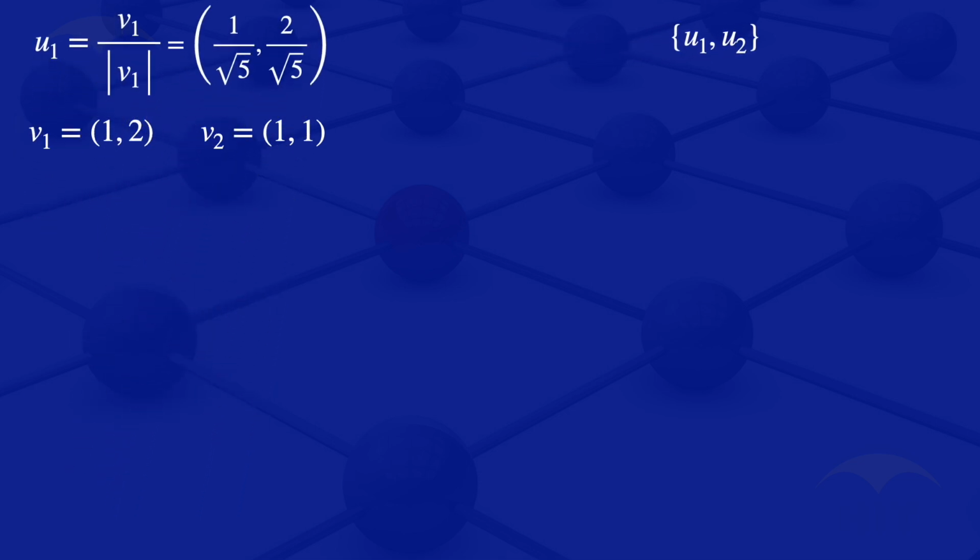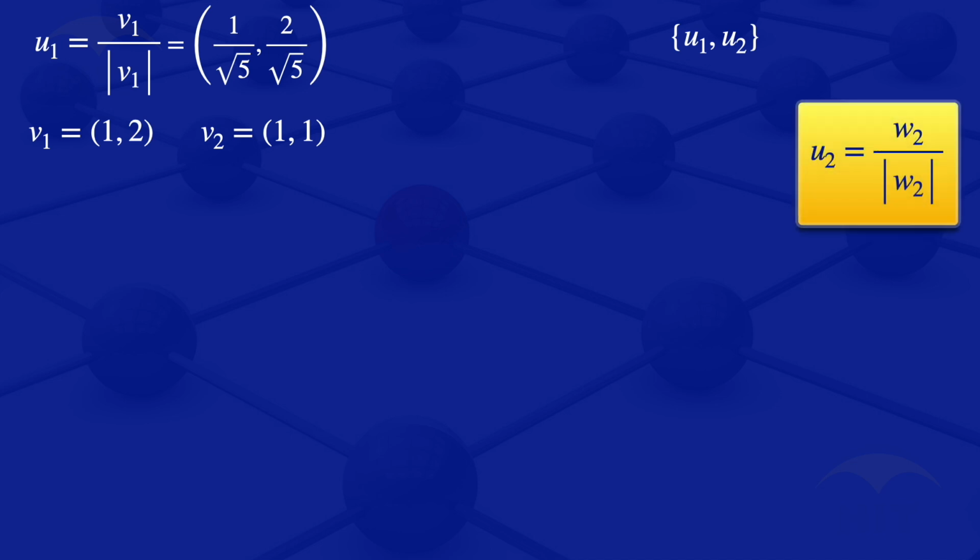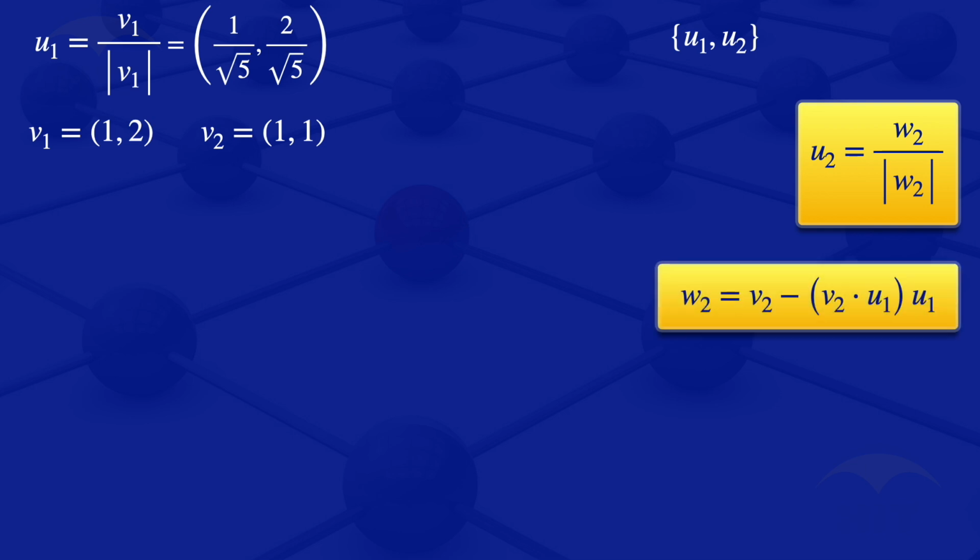We can now go on and look for U2. U2 is equal to W2 divided by the norm of W2, where W2 is equal to V2 minus the inner product of V2 and U1 multiplied by U1. Our V2 is (1, 1), and U1 is the one we have just obtained.